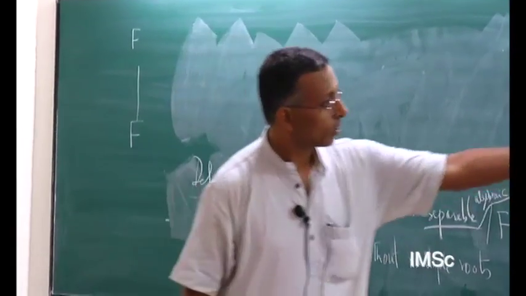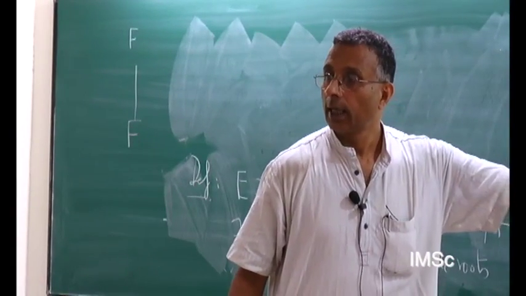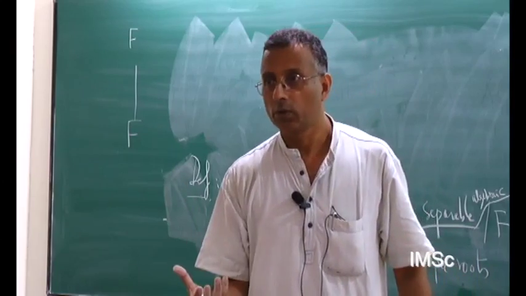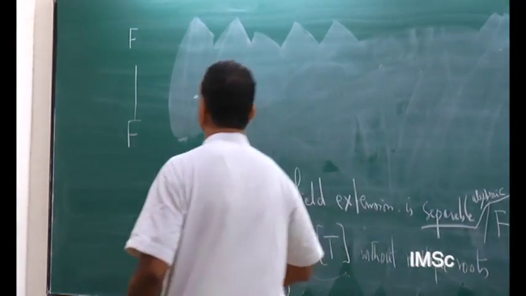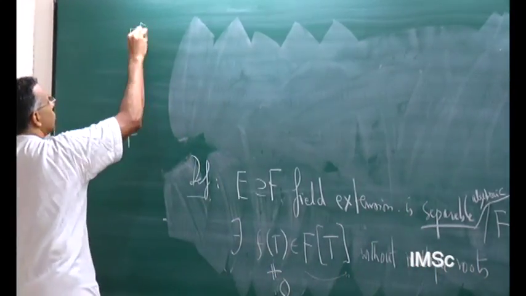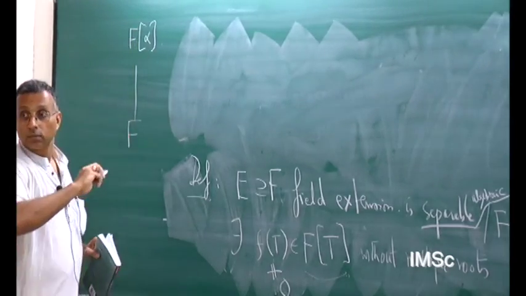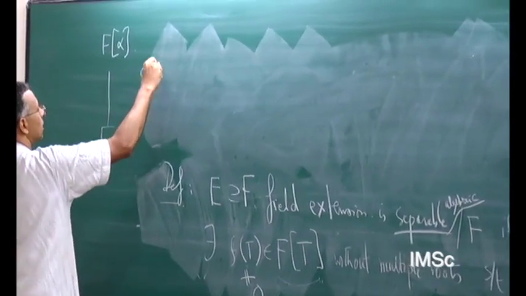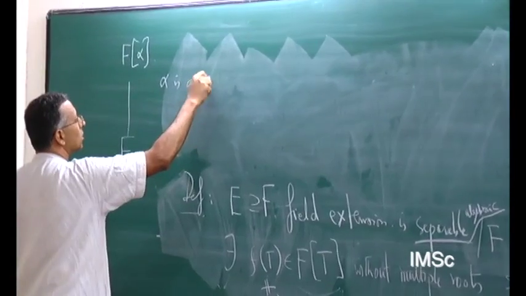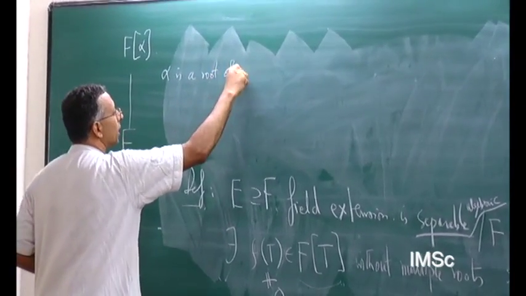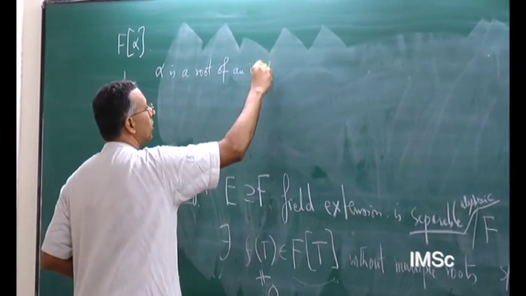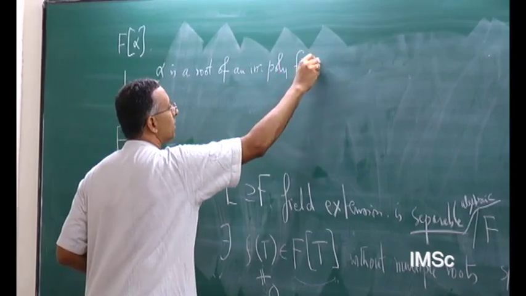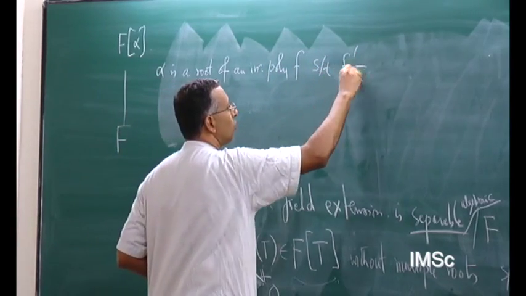Then you know by that argument that f has no repeated roots. So I attach this root alpha to it: alpha is a root of an irreducible polynomial f such that f prime is non-zero.